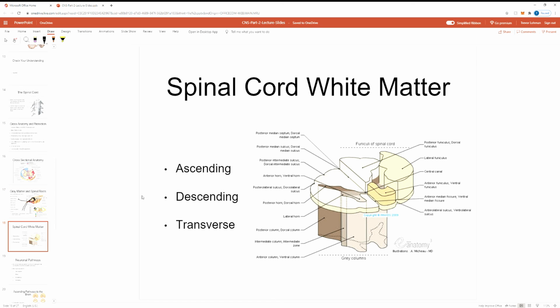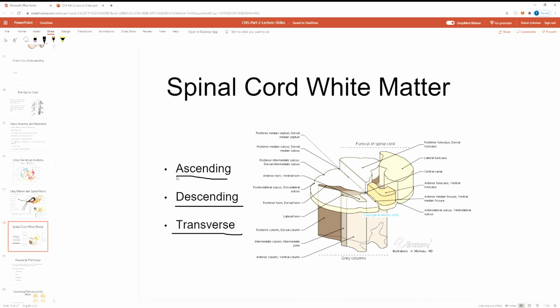So let's talk about white matter. White matter can be ascending, descending, or transverse. Why does white matter have a direction when gray matter didn't? Well, gray matter was just cell bodies and synapses. White matter is axons. So these axons are going somewhere. They have a direction.